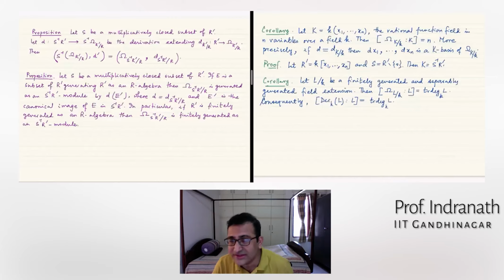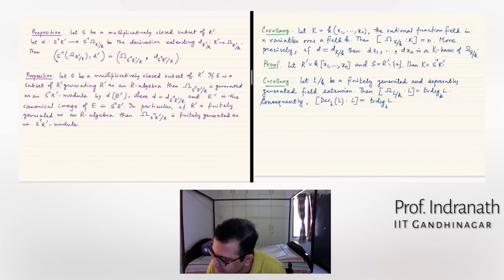But all these are very, very important, and you have a corollary. Here it was a very particular situation. If you have any finitely generated and separably generated field extension L over K, then you can also write what the dimension is.